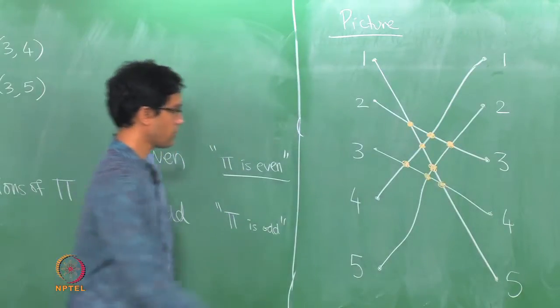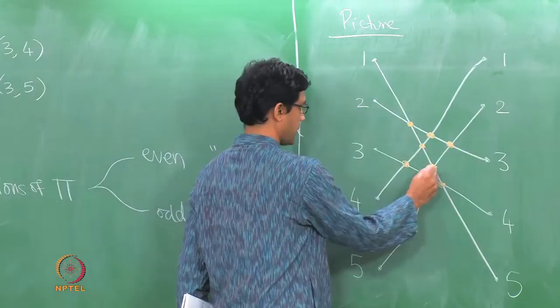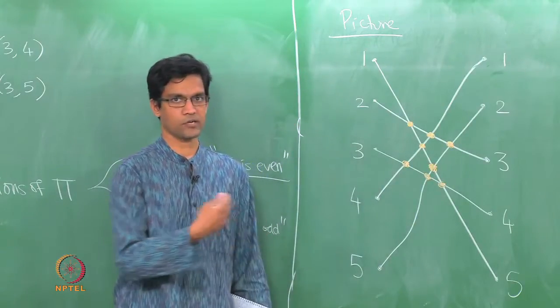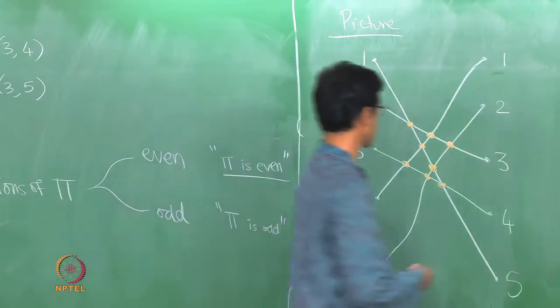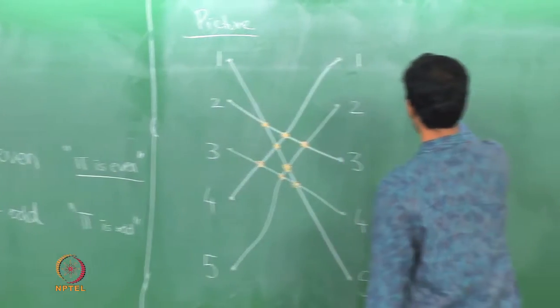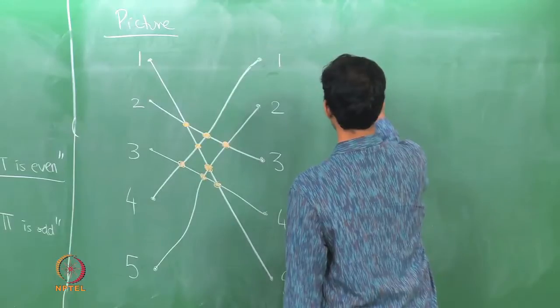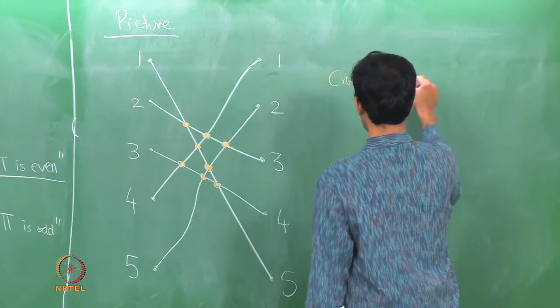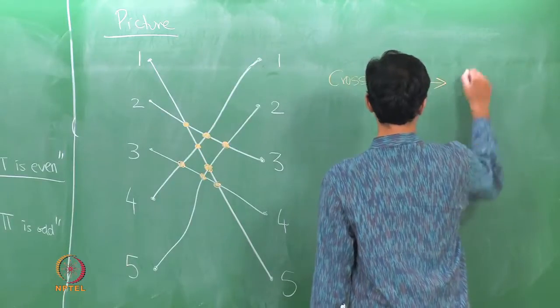So the number of crossings is exactly equal to 8 as well, and this is not a coincidence. This is just a pictorial way of looking at inversions. Observe that crossings or intersections in this diagram really correspond to inversions of pi.